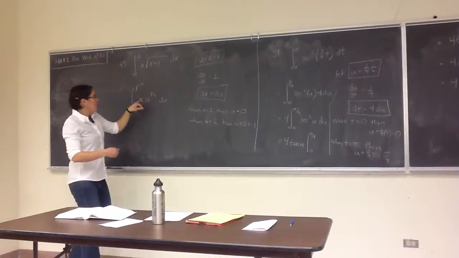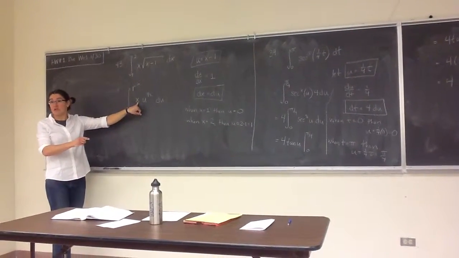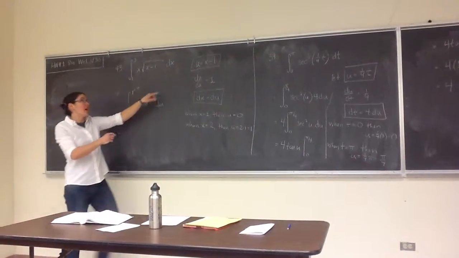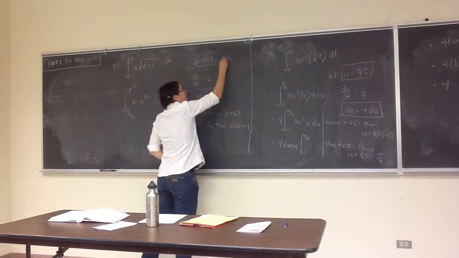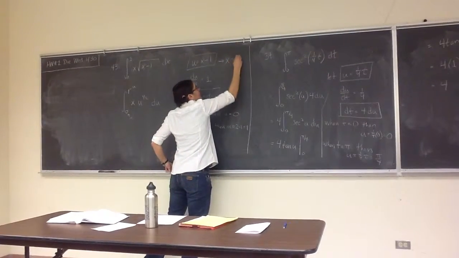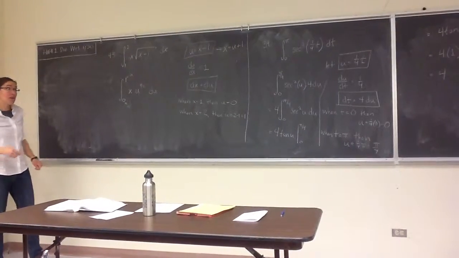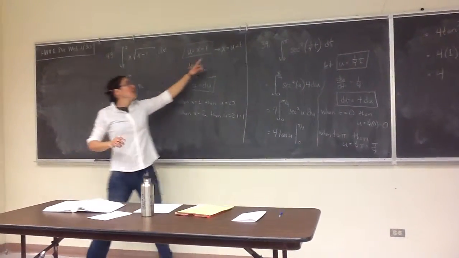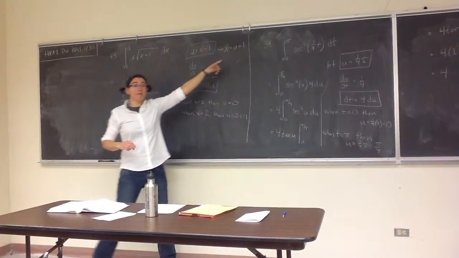So one thing that we can do is that we can go a step beyond the standard u substitution and say, okay, I know that u is equal to x minus 1, which means that if I solve this equation for x, I get that x is equal to u plus 1. And so it's totally legitimate that any place that I see an x, I can replace that with a u plus 1.